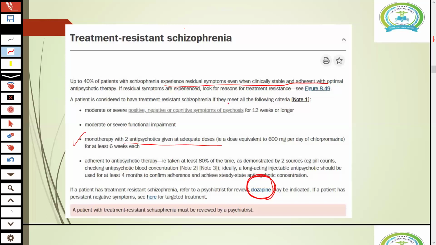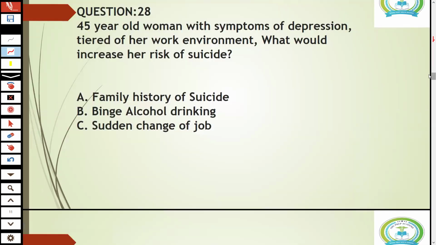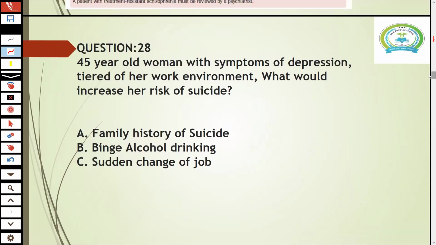So it is very important to ask the patient for the weekly full blood count. And also BMI should be measured monthly, and fasting blood sugar and lipid profile need to be measured every 3 months. So you are clear with this? Let's move to the next question.